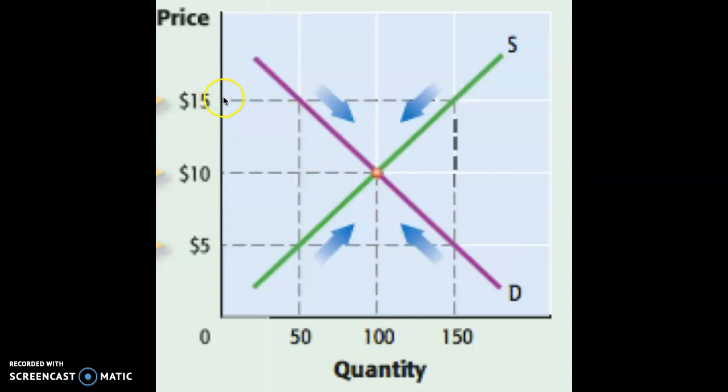But at $15, let's take that over to the supply curve, and we hit the supply curve there. There it is. Okay, 150 people want it. Now, so at $15, the supply is 150. The demand is 50. Sounds like we have too many out there.